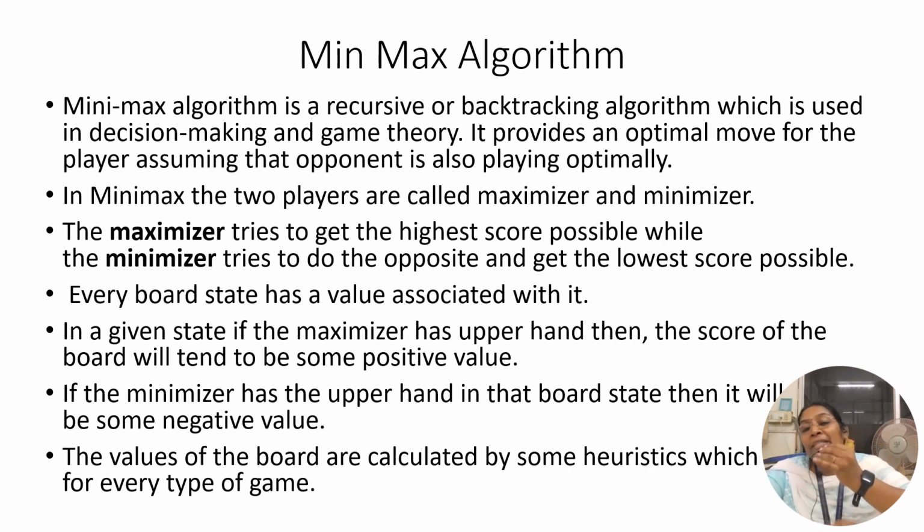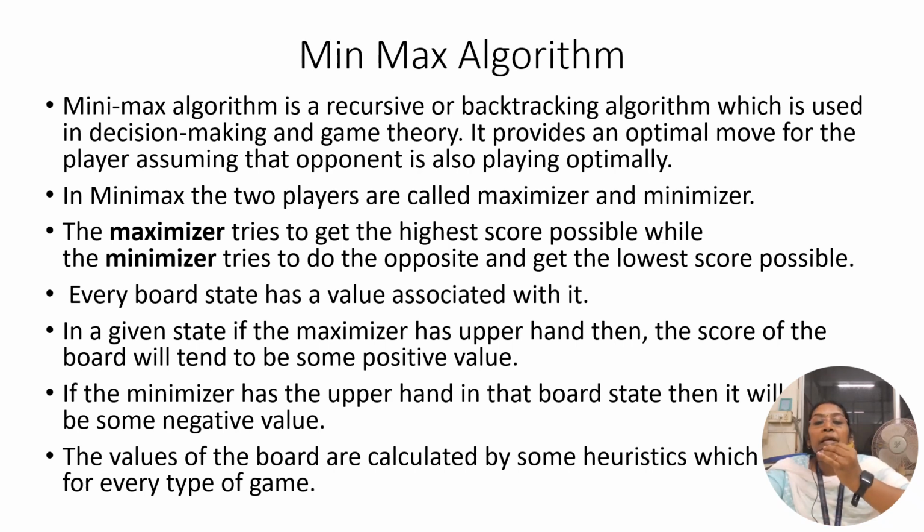Basically, in min-max we have two players. One is a minimizer, another is a maximizer. The maximizer's opponent is the minimizer, and the minimizer's opponent is the maximizer. The maximizer tries to get the highest score possible, while the minimizer aims for the opposite, that is the lowest score.